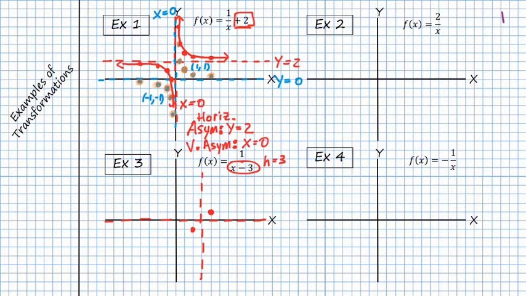So if I go to 1/2, I know that this will be up 2, and if I go to 1/4, this will be up 4. And then the same thing will happen here. If I go to the right 2, I'll go up 1/2, et cetera. So now I can connect my curves. And then the same thing will occur here.